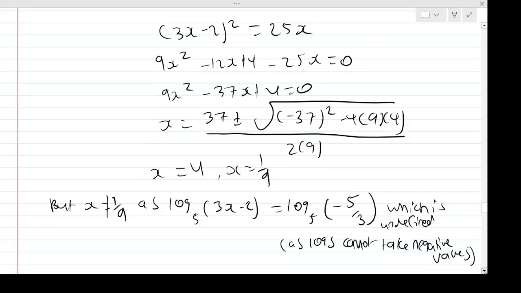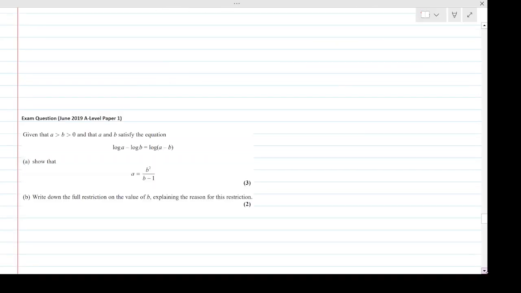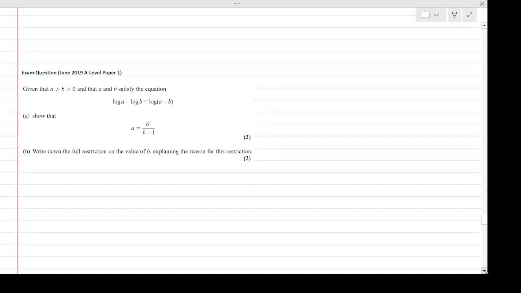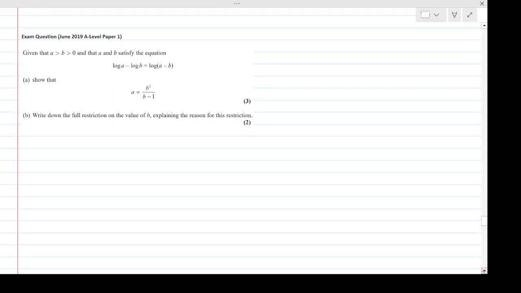Okay, so therefore x can only be 4. That's my only solution there. Cool. There we are. So hopefully you really are starting to get a good picture now of how we can use the log laws to simplify and to solve equations.